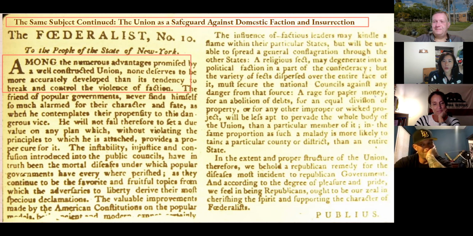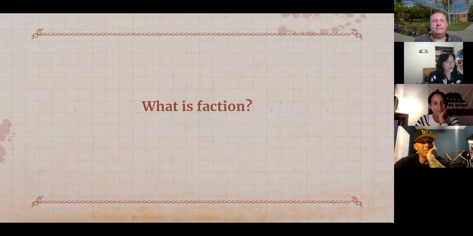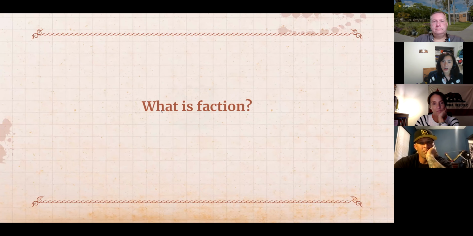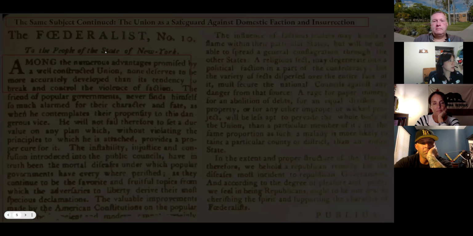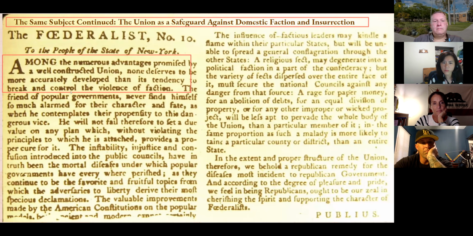Right. So here it is. Okay, it actually talks about faction, right? And then he says, a well-constructed union needs to be able to break and control the violence of faction.